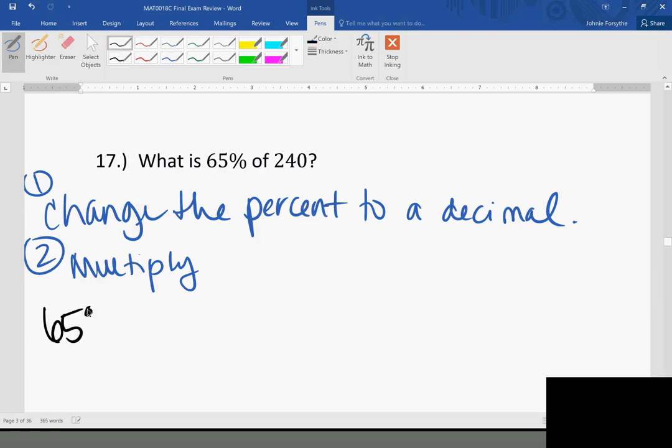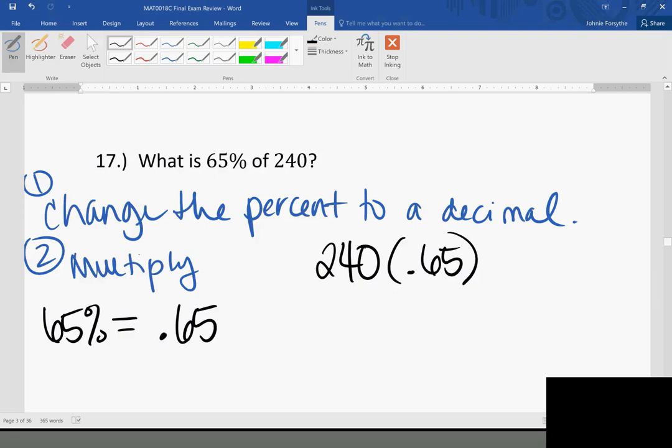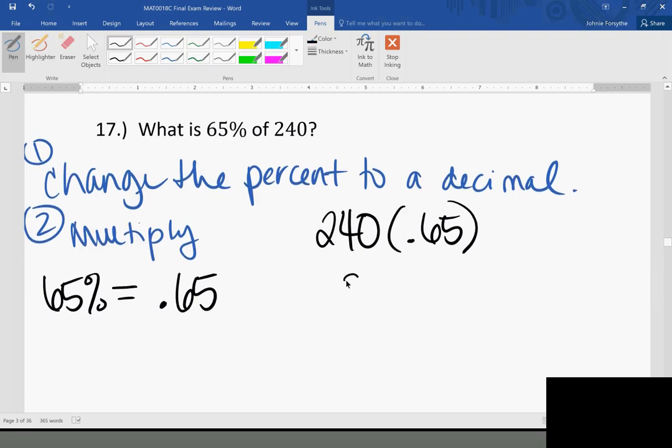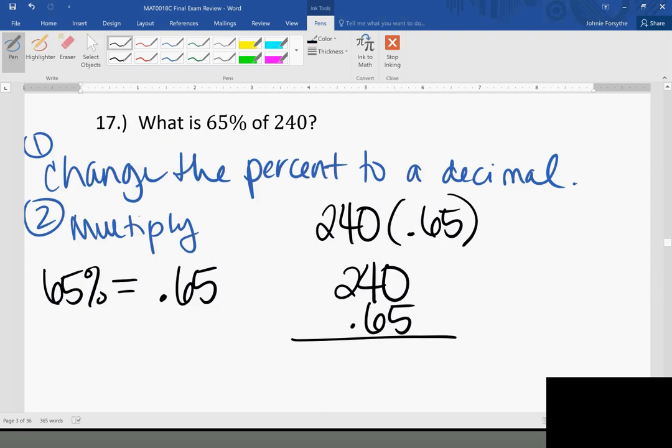So 65% equals 0.65. And then I'm going to multiply 240 times 0.65. I'm going to do that by lining up like this, and I'm going to multiply.